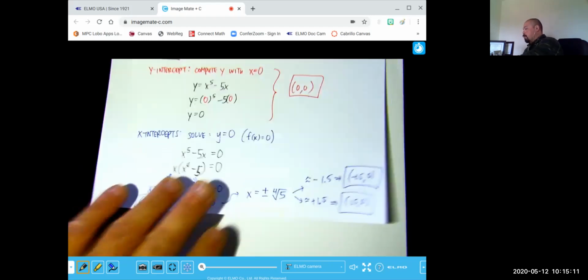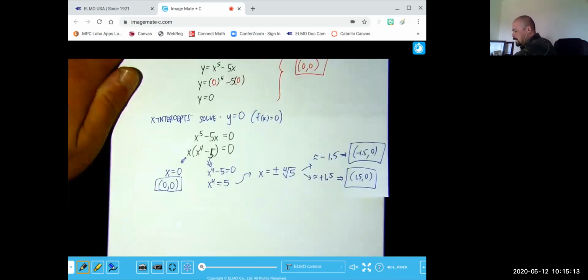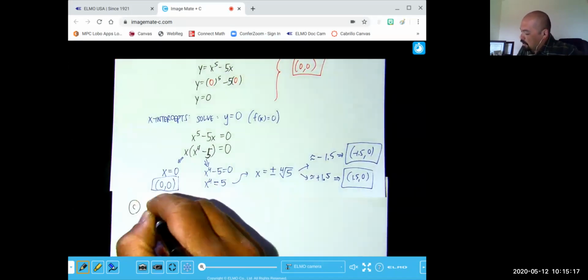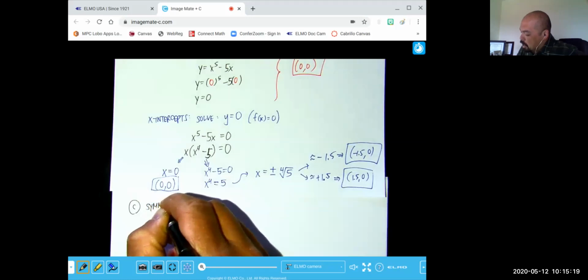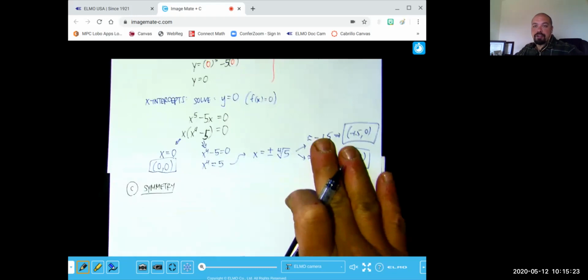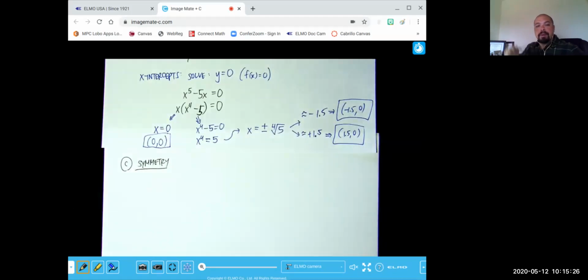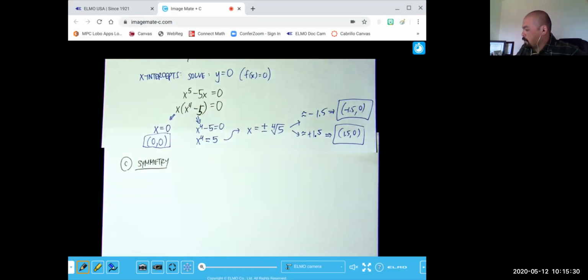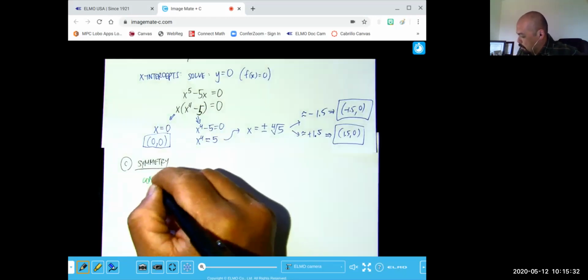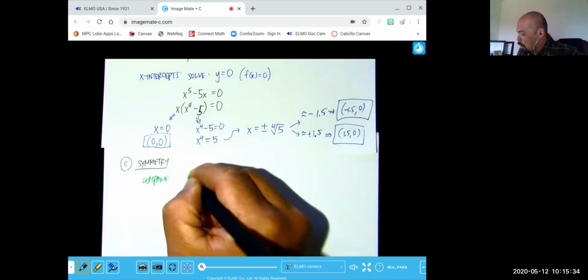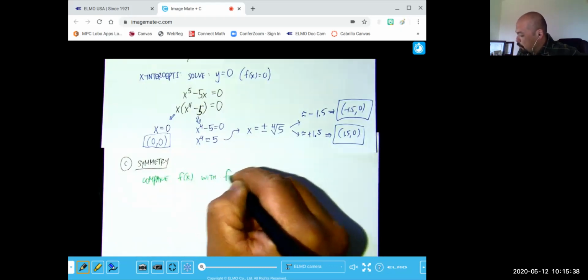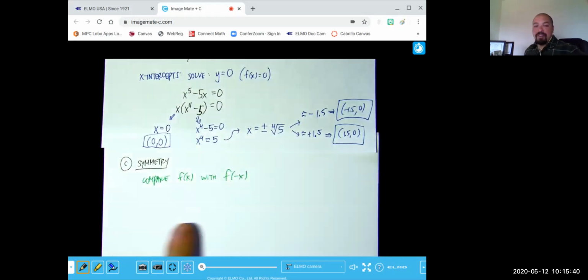All right. And so then one last bit here. As I mentioned yesterday, most often I kind of skip this discussion. Part C of that discusses our symmetry. And for symmetry, we're just going to compare our f of x with what happens when we have f of negative x.